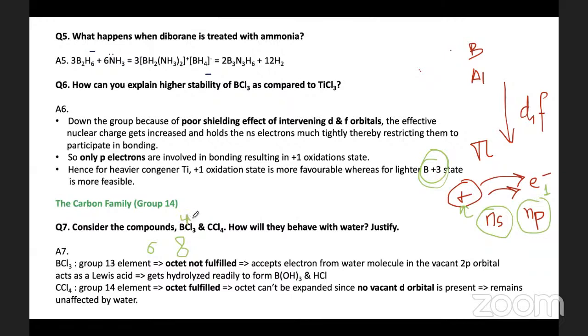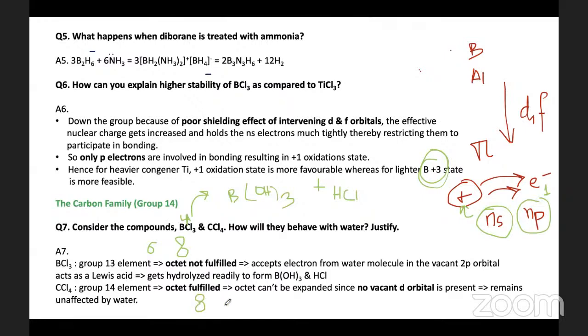Since it is a Lewis acid, it will react with water and get hydrolyzed, just like AlCl3, and it will produce orthoboric acid, and HCl will also be formed. But the same is not the case for CCl4, because carbon is a group 14 element and it has its octet fulfilled. So 8 electrons are present in the case of carbon.